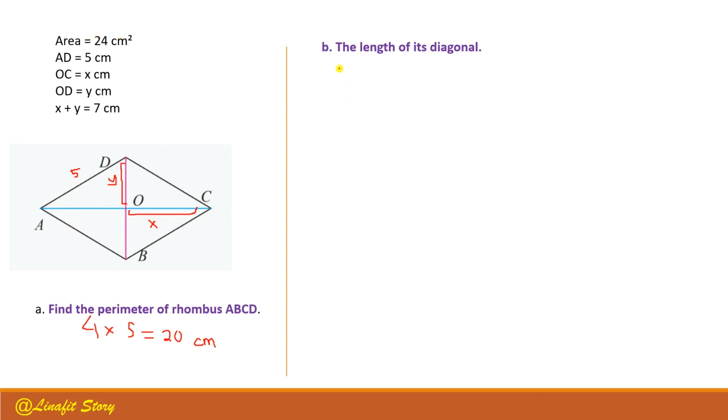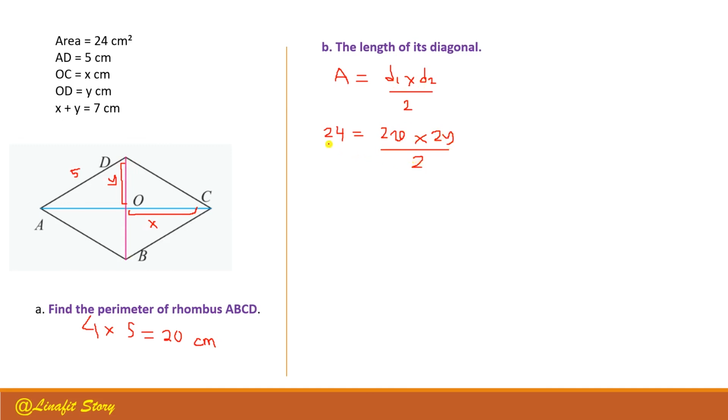The area is diagonal 1 times diagonal 2 divided by 2. The area is 24, is equal to, if OC is x, so AC is 2x, times, if DO is y, so DB is 2y, divided by 2.